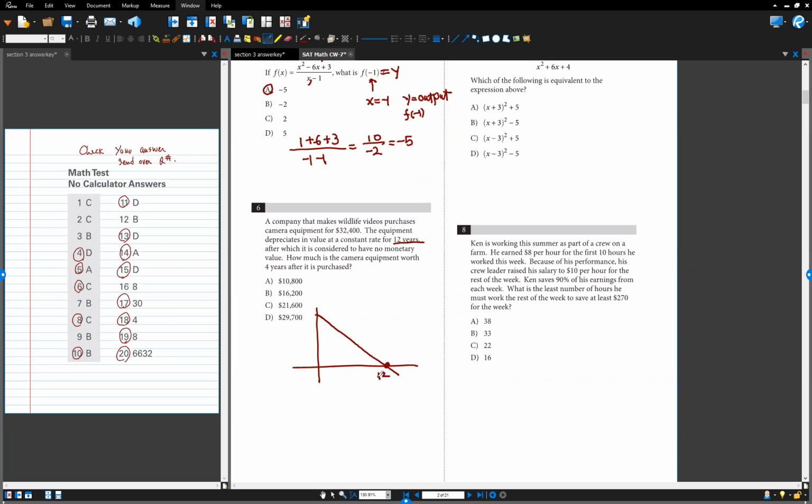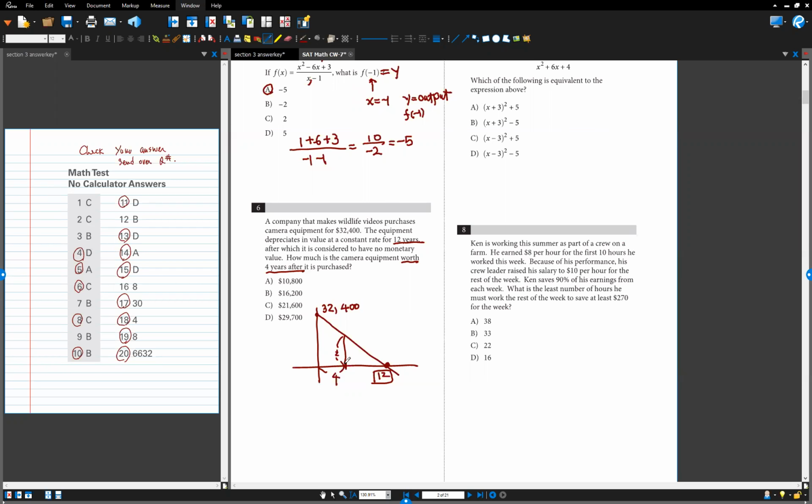After 12 years, nobody wants to buy it. At the beginning, the price is $32,400. We're going to find out what the equipment is worth after 4 years.